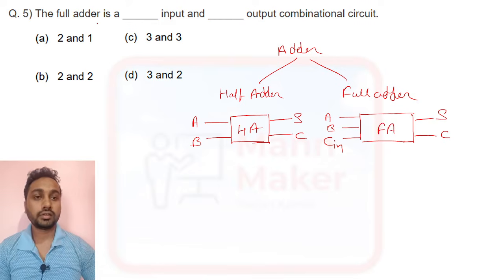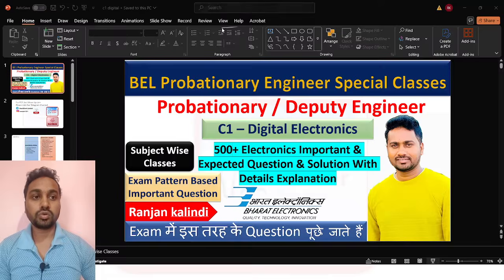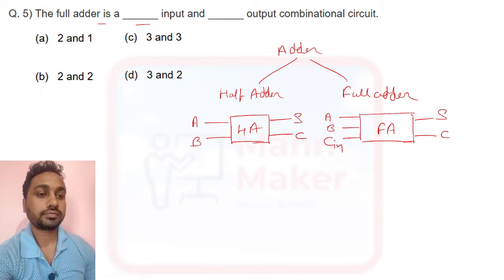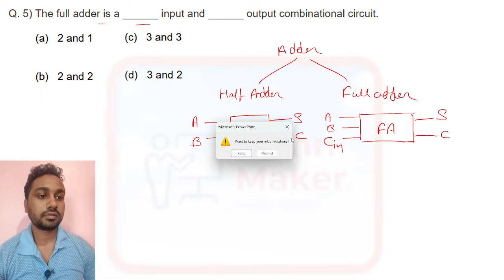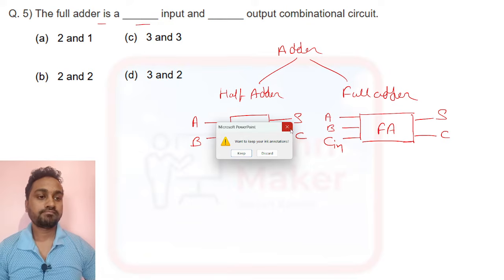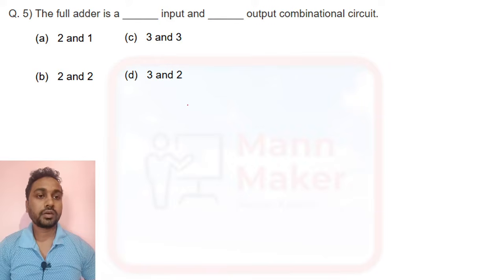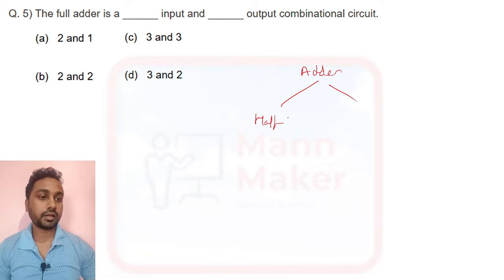So in full adder we have three inputs and two outputs. In adder we talked about half adder and full adder.